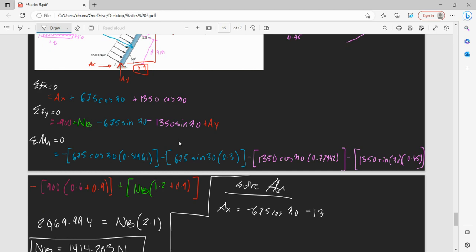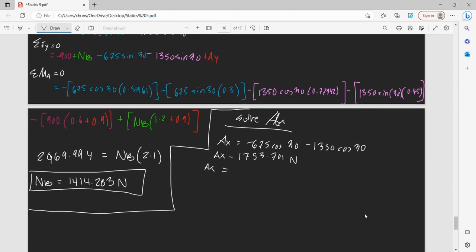So this is equal to 675 cos 30. And AX is negative 1,753.701 newtons, or we can express this as a magnitude with a direction. So this is 1,753.701 newtons in the opposite of our assumed direction.